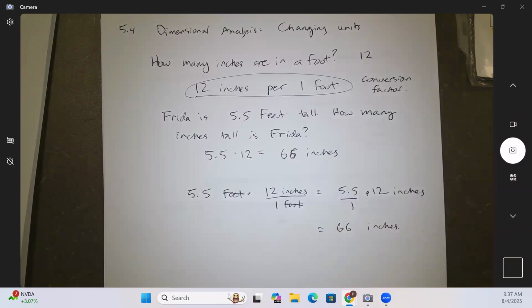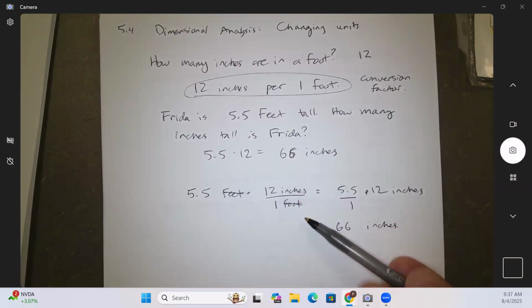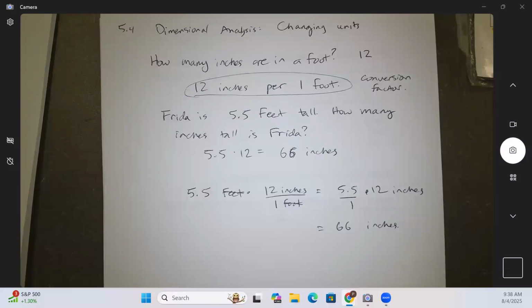The key with dimensional analysis is just to write your units and your conversion factors, and it's all about multiplication. Usually it ends up being a long string of multiplication when you get into a more complicated unit conversion.